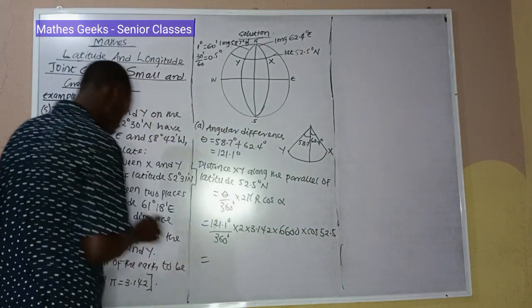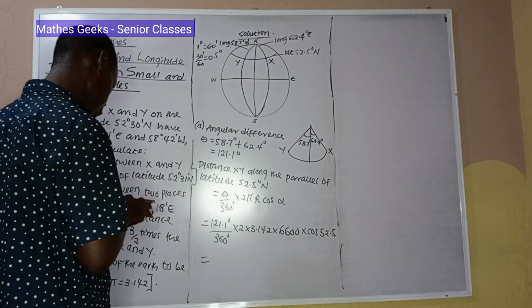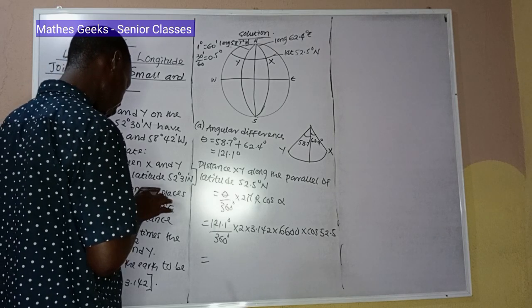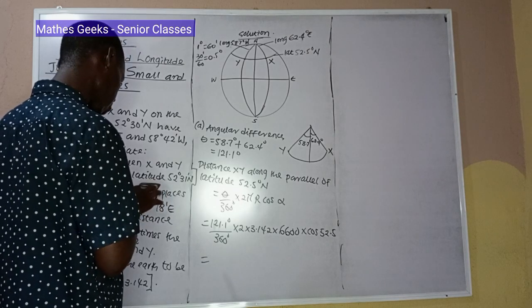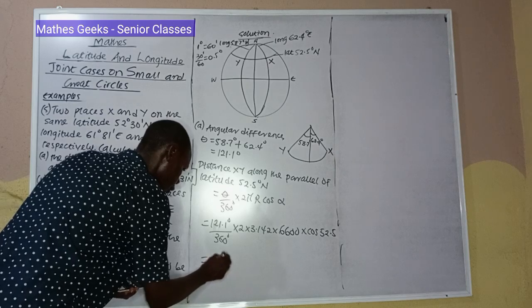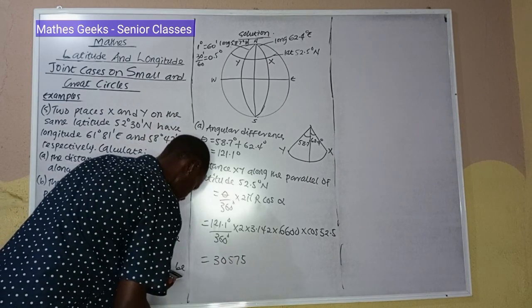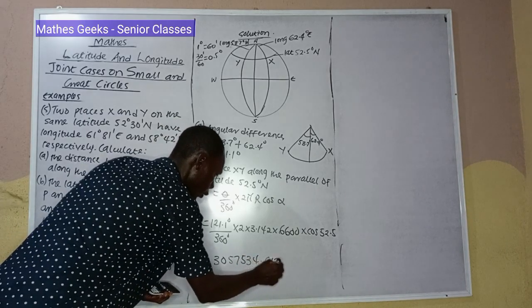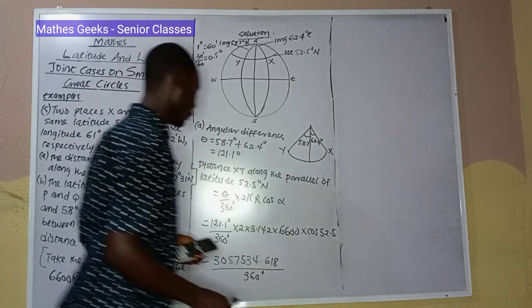This will give us 121.1 times 2 times 3.142 times 6600 times cos 52.5, over 360 degrees.